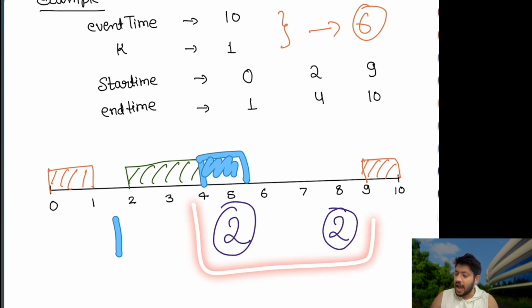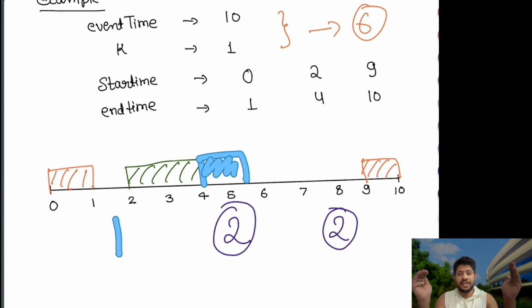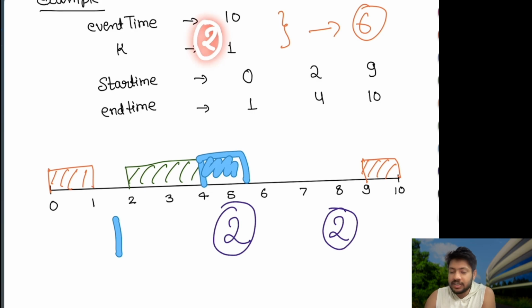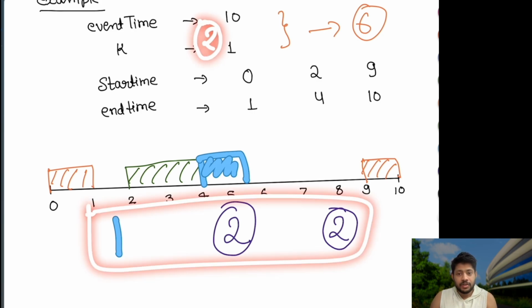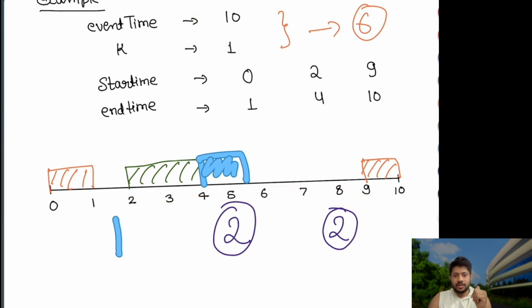And 2 of the gaps are combined to form a bigger gap. If I'm rescheduling one meeting, 2 gaps are being combined. If I could reschedule 2 meetings, then if I have 3 gaps originally, that will be reduced to 1 gap, and 3 of the gaps are going to be combined to form 1 gap, and that is going to be the max.